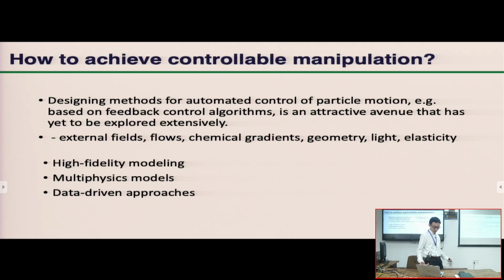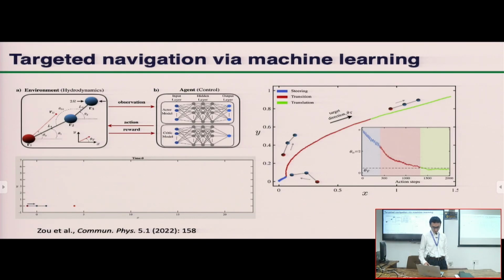And lastly, because there are so many degrees of freedom in the system, can we make use of some data-driven approaches to help us? If we just want to design something without going through the entire process of high fidelity modeling and understanding all of the physics, can we still do that with a data-driven model? So those are a few things that people are thinking about.